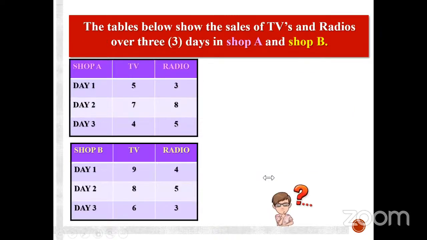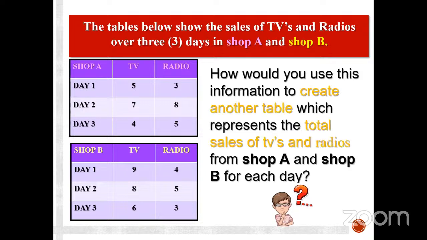So moving on. The tables show the sales of televisions and radios over 3 days in shop A and B. How would you use this information to create another table that represents the sales of TVs and radios from shop A and shop B?